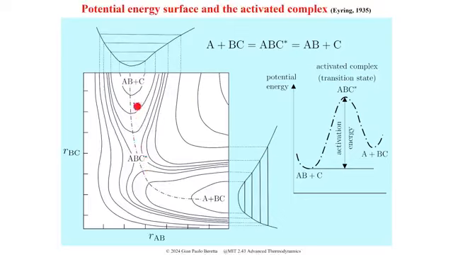And here, in this scenario, along a path of steepest ascent here and steepest descent here, or vice versa, you find the saddle point, which is the lowest point that allows you to go from one valley of this landscape to this other valley.